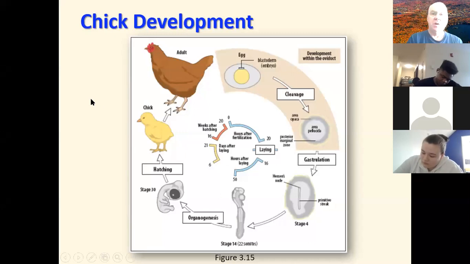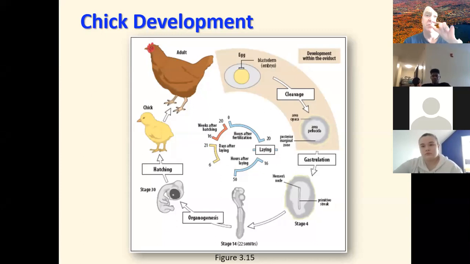Chick development. So we'll see, this is quite a bit different from the frog, maybe a little bit similar to the fish, but the frog had a big hollow ball of cells, the blastula. Here we're going to talk about a blastoderm, just a thin layer of cells, like a layer of skin. That's why they call it a derm. So we'll start out with the blastoderm or blastodisc, same thing.